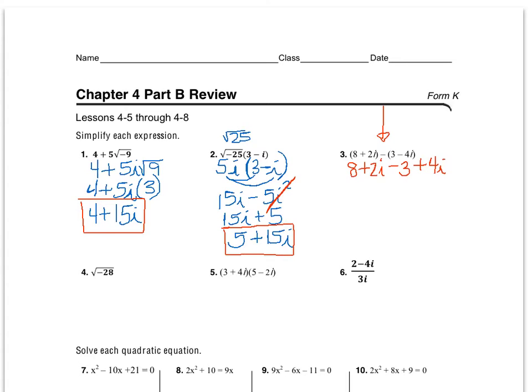So we're looking to see here which terms are similar. We have an 8 minus 3. 8 minus 3 is 5. We also have a positive 2i and a positive 4i. So we get a positive 6i. 5 plus 6i, we don't have like terms, so that's our final answer.